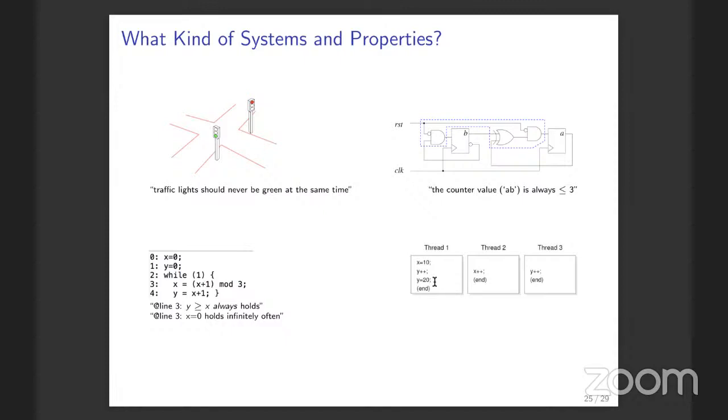And the level of granularity at which these threads can be interleaved depends on what the atomic action is. Sometimes the atomic action could be a complete assignment statement, or sometimes it could be considered at a finer level, depending upon at what level of abstraction you model the threads.